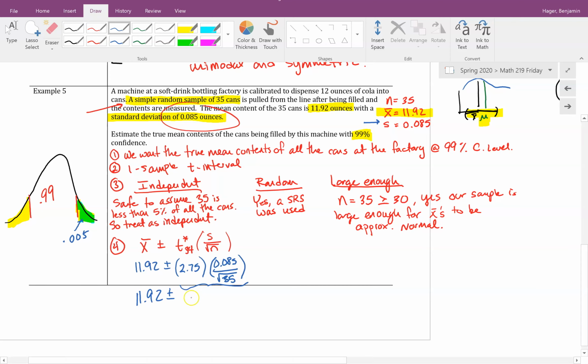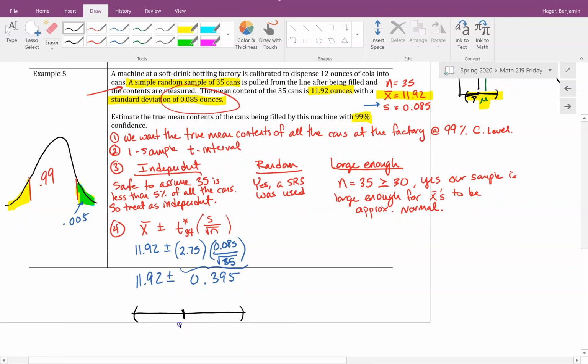The margin of error is 0.395. So my window that I'm going to hope contains the actual amount of cola in the can. Well, my sample mean was this. This is what we found.